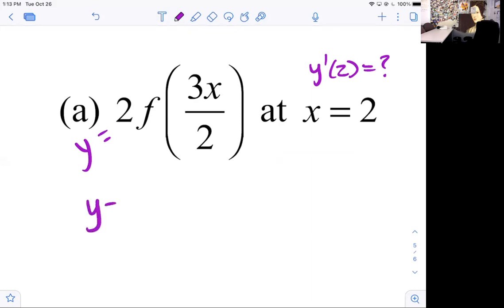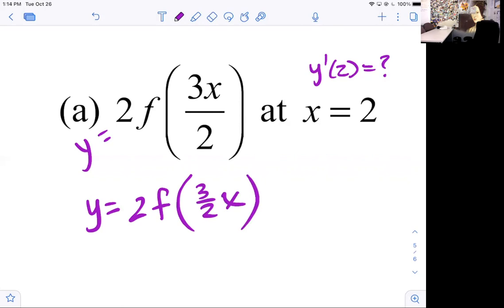I'm going to rewrite this, though, because I have 2 times f of, and it's not just plain old x, is it? Anytime you have an inside function, whether it's an actual expression or even a name like this, on the inside, something more than plain old x, it's going to be a chain rule. And we know it's on the inside because we said "of." So I'm going to take 3x halves and write that as 3 halves times x, so that 3 halves is the coefficient.